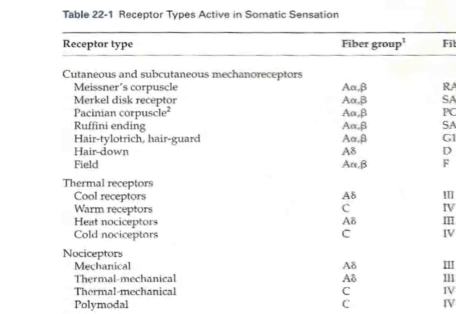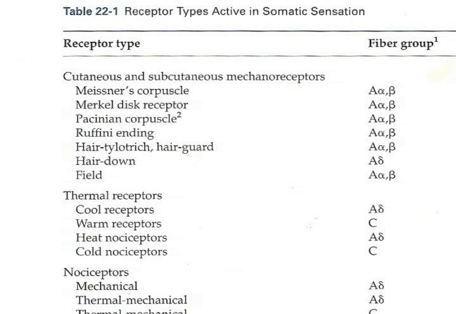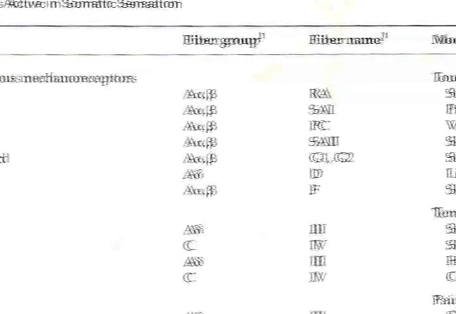Now, underneath the receptor type column, so to speak, you have these cutaneous or subcutaneous mechanoreceptors. There's a lot of big long words there, but what I really want you to see is these are the touch nerves. And you can see there are different nerve endings that allow us to feel different things.